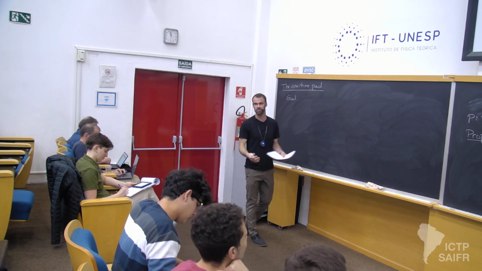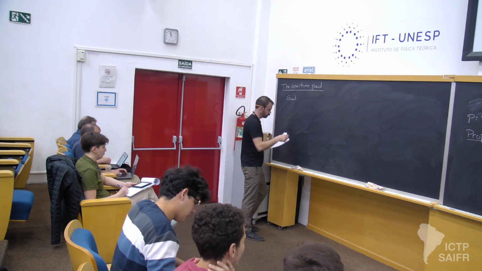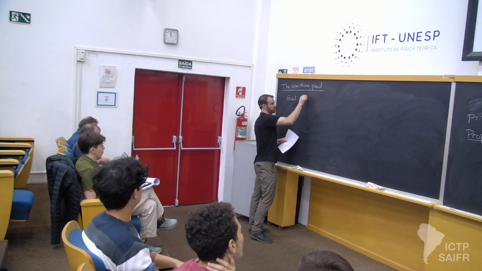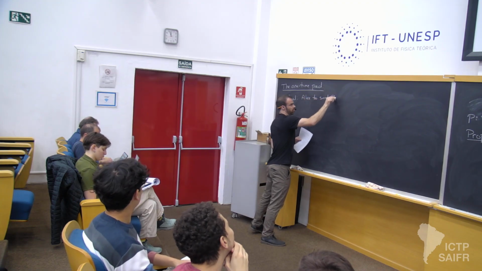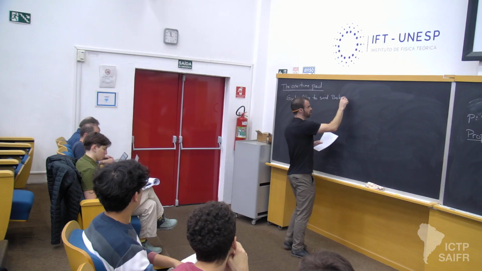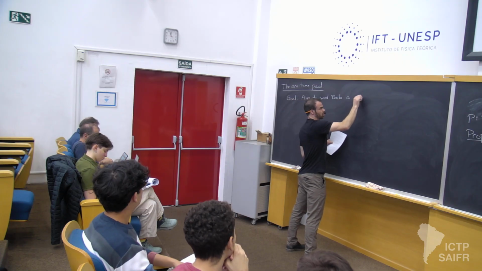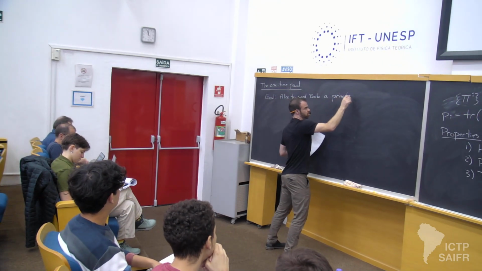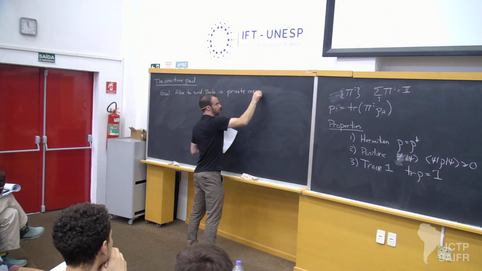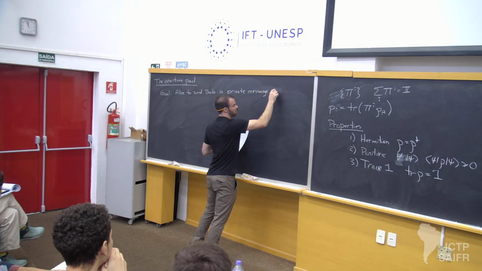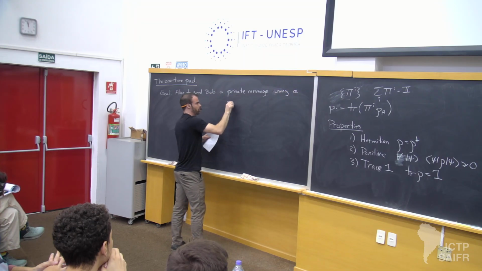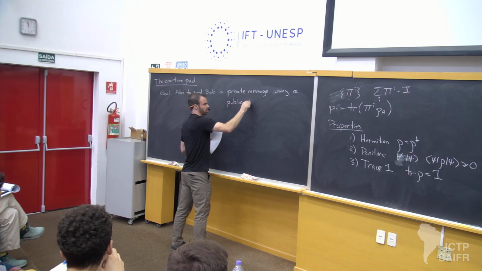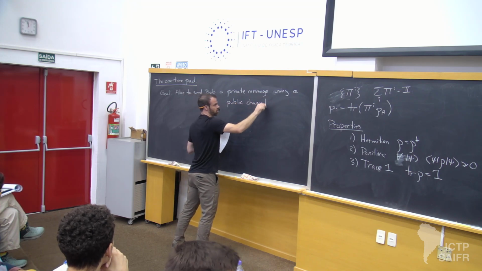We're going to call them Alice and Bob, and they want to do something. So the goal is for Alice to send Bob a private message using a public channel.